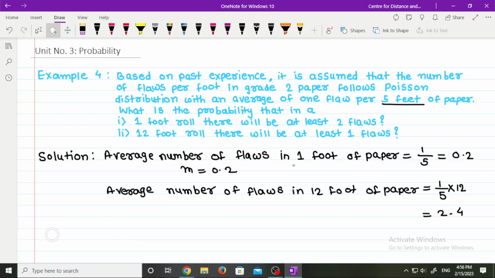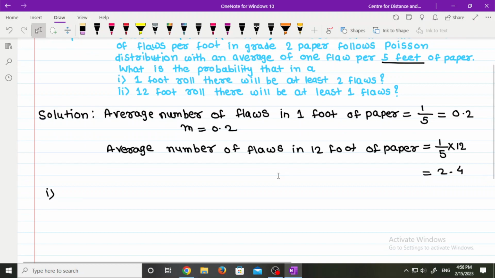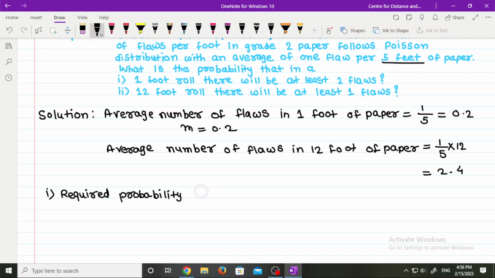Okay. First we calculate for the 1-foot roll, there will be at least 2 flaws. Here I am writing the required probability that in a 1-foot roll there will be at least 2 flaws.